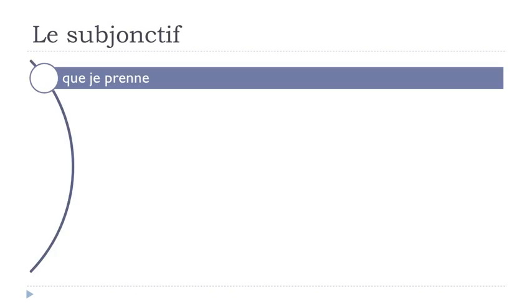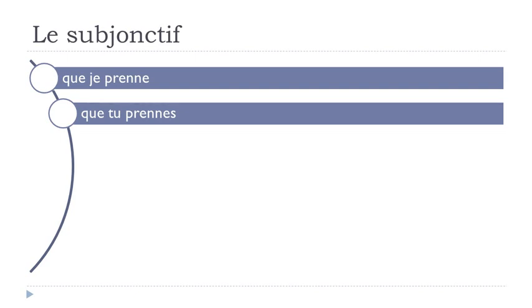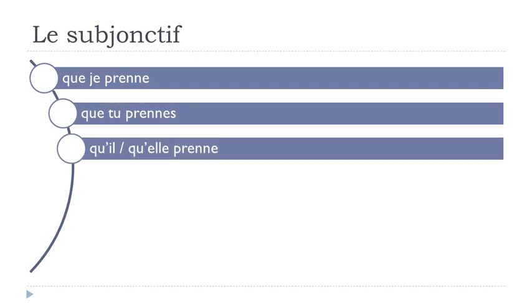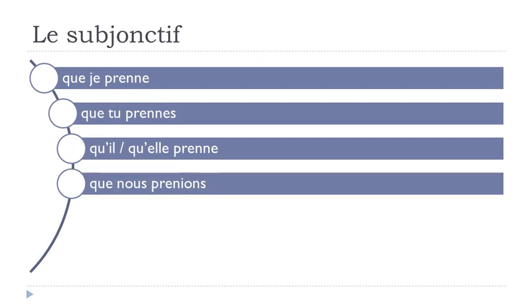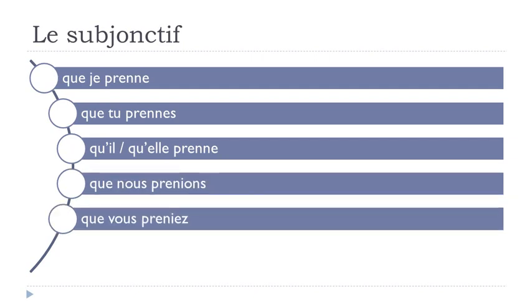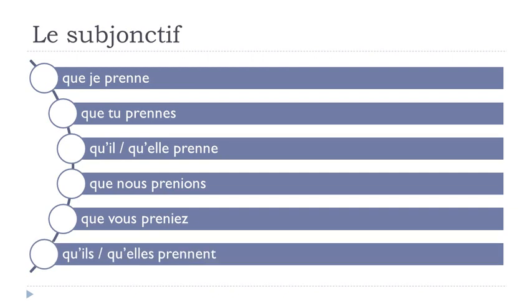So, que je prenne, que tu prennes, qu'il prenne, qu'elle prenne, que nous prenions, que vous preniez, qu'ils prennent, qu'elles prennent. And this is the reason why students are a bit worried usually at the beginning, just because, as we saw, we've got two different constructions. So for the first part here, and the second part for nous and vous.